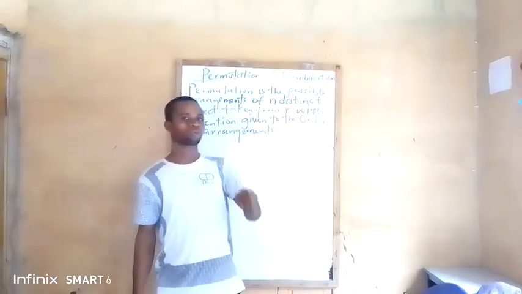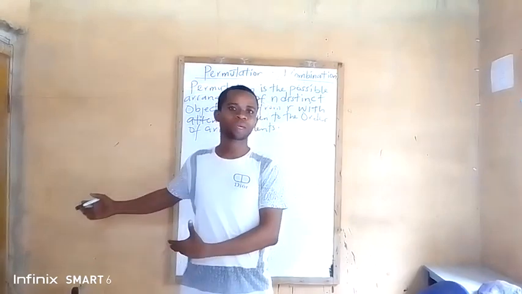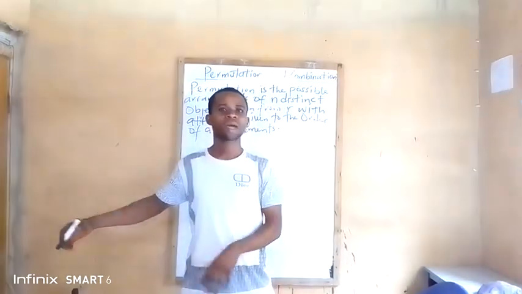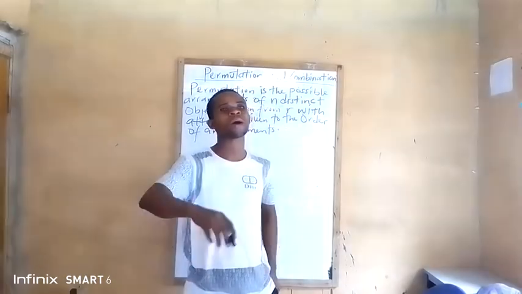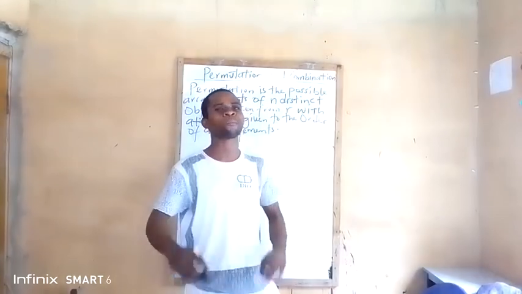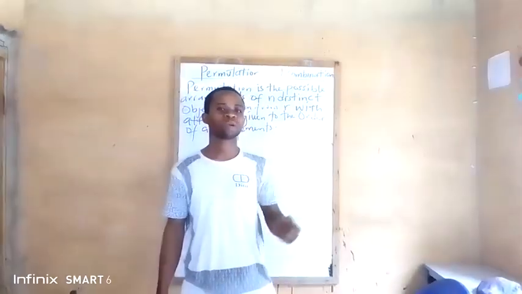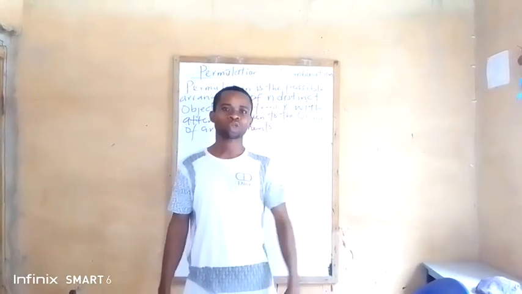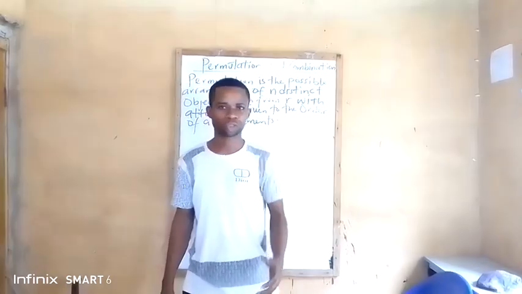So I will not just go there and pick out the 3 students like that, because I have to consider the remaining students. In a situation where I'm considering the remaining students also, that is permutation. That means I will look for possible ways of picking those 3 students that I want to give the scholarship to. The possible ways of giving those 3 students is what we call permutations.